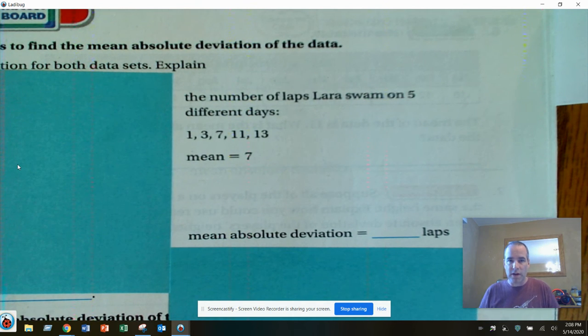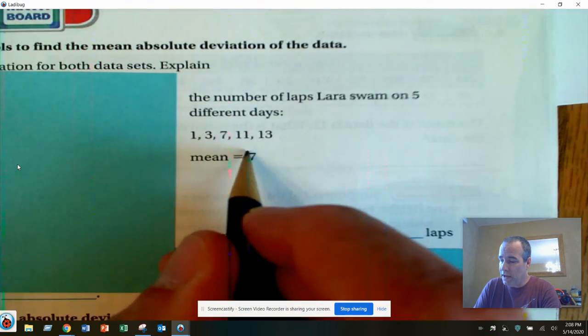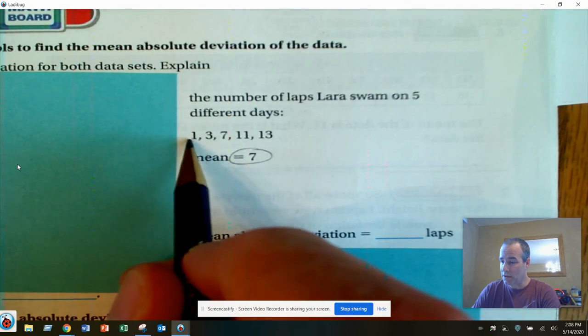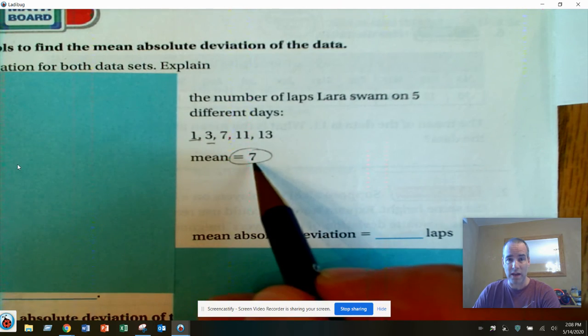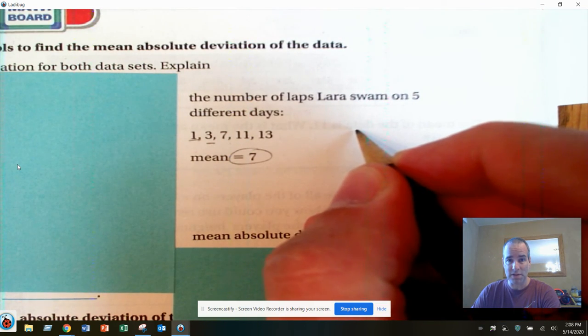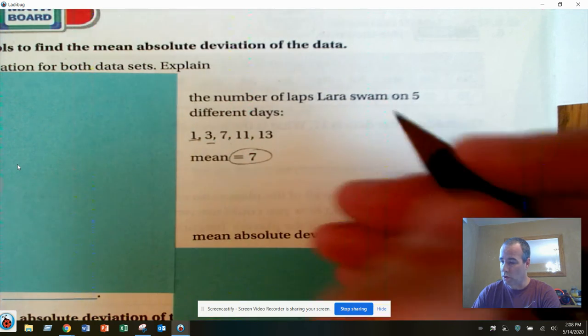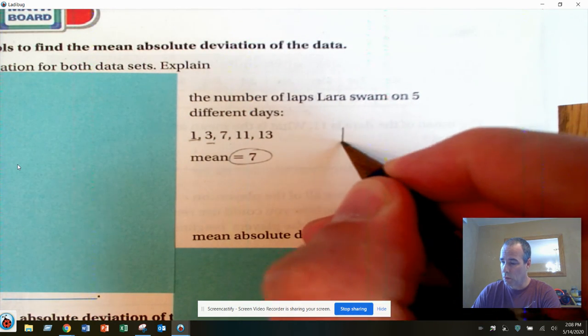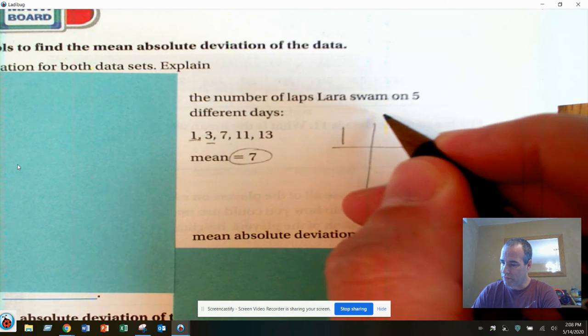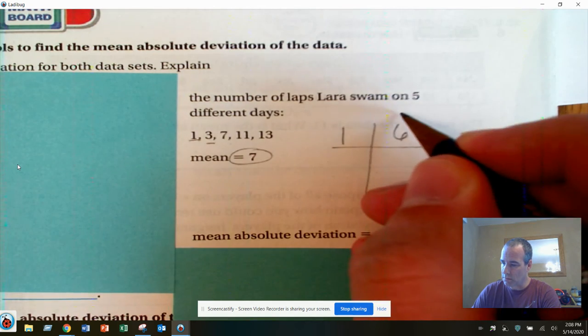Here they are. They've given us the mean. We know what the average is. Now I can figure out, looking at every one of these data points, how far away they are from 7. If everything is being compared to 7, I look at my first data point, 1. How far away is 1 from 7? I'm going to make a little table here. It's 6 units away.